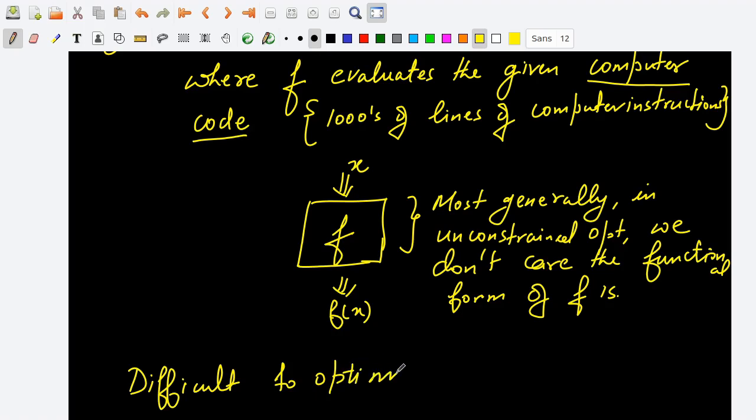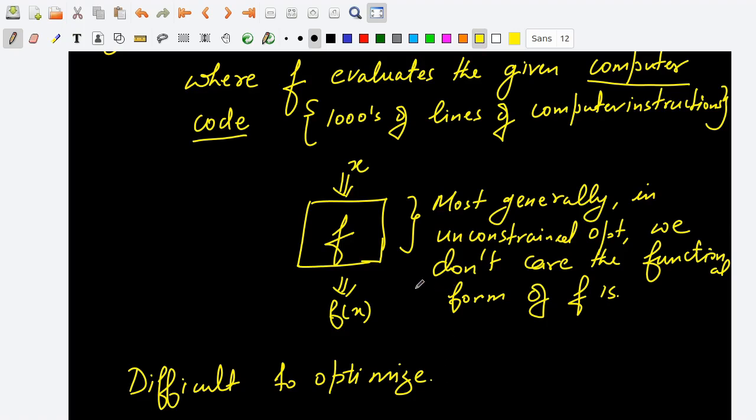Okay, so to find a minimizer of f, we need some knowledge about f.